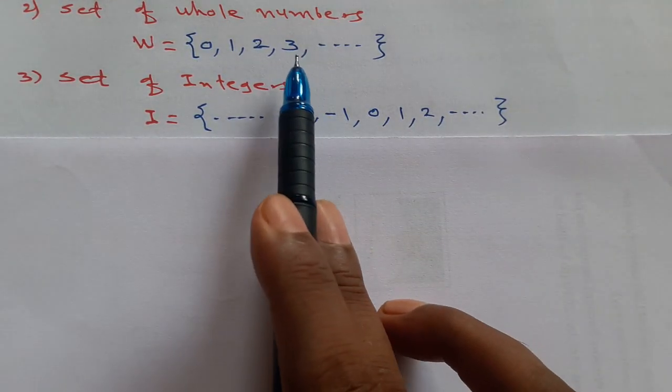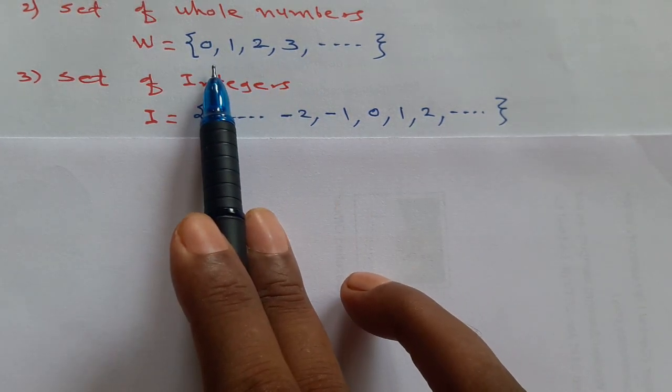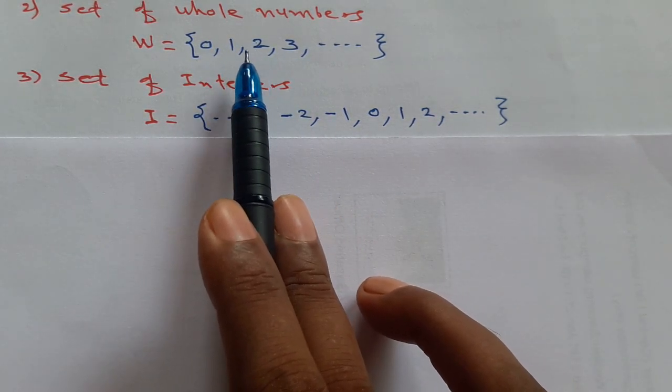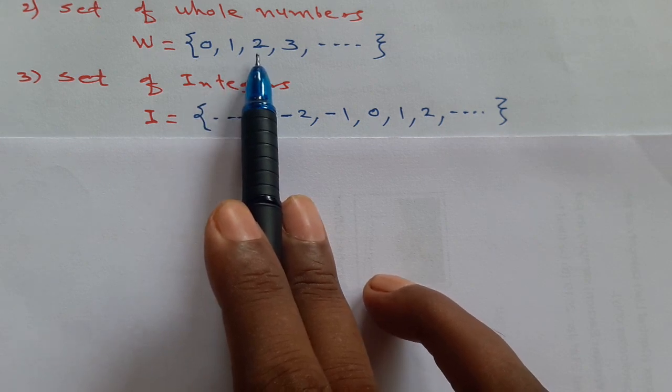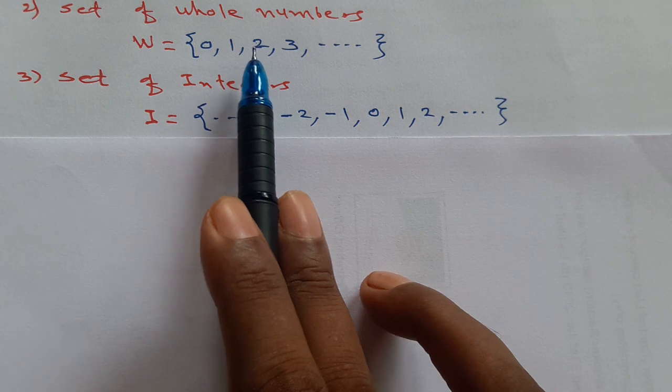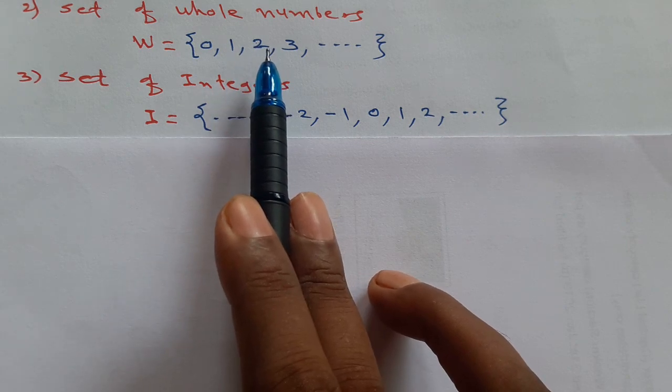Then here 3 minus 3 is present. Suppose 2 minus 1 is present here, but 1 minus 2, its answer will be minus 1, and minus 1 is not present here.